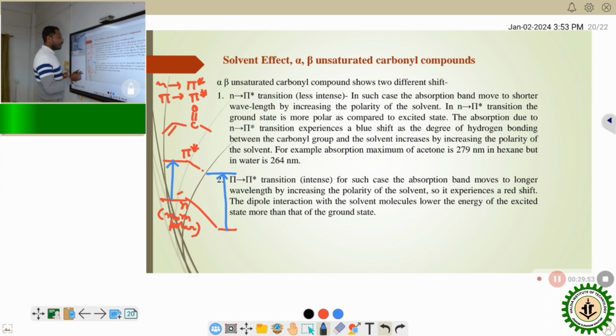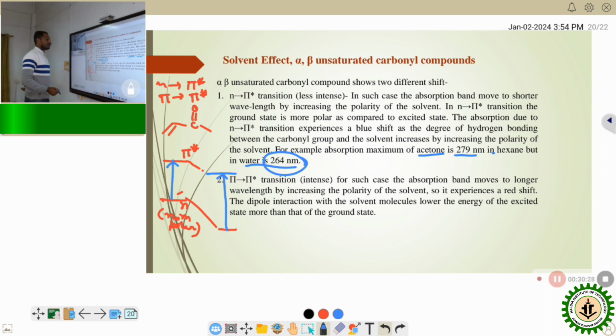For example, if we consider acetone, it absorbs at 279 nanometer in hexane, which is a non-polar solvent, but in the case of a polar solvent like water, it is shifted towards the shorter wavelength region, 264 nanometer.